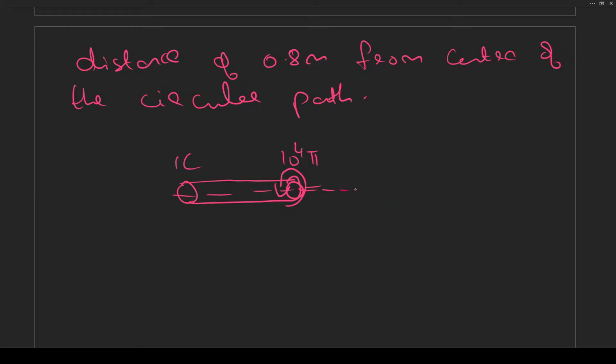Then what is the magnetic field at 0.8 meter from the center, and the rod itself is 0.6 meter? Magnetic field B at E equals?